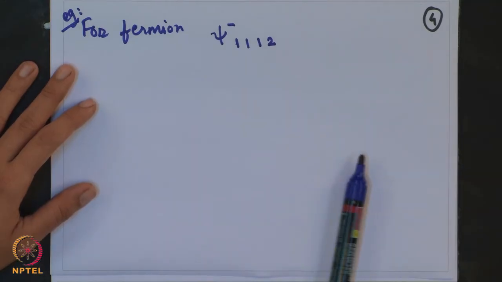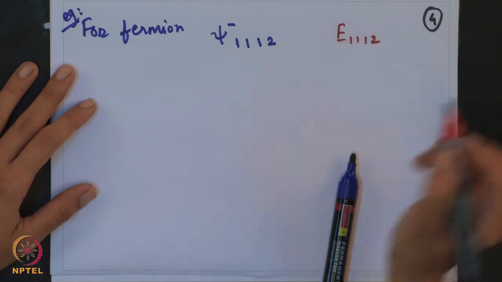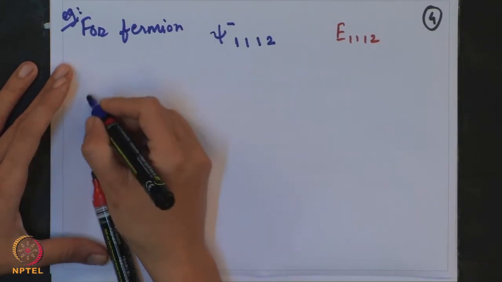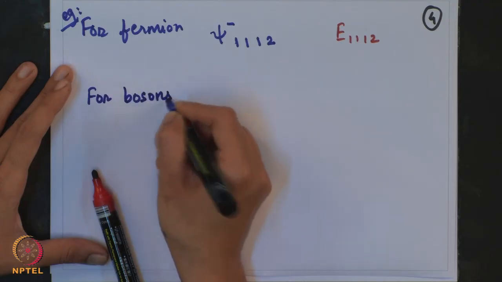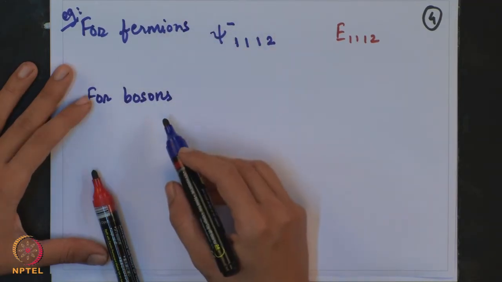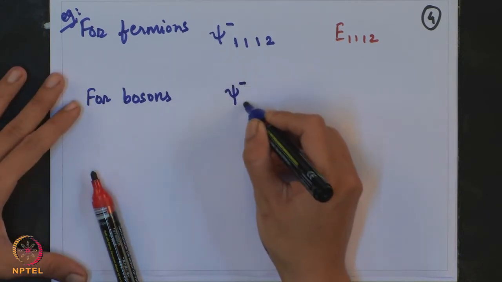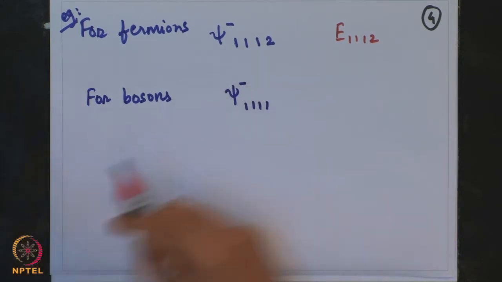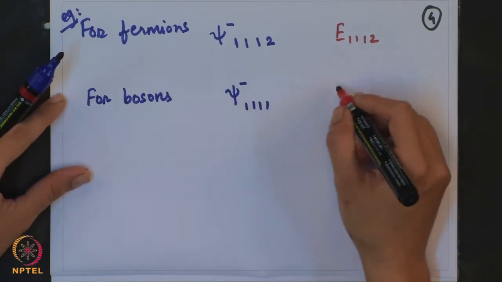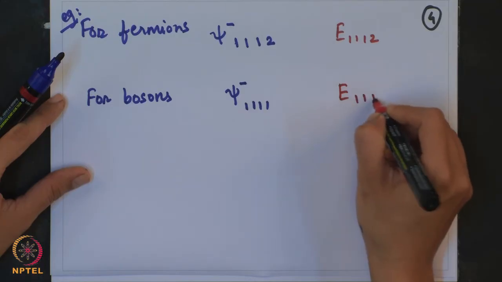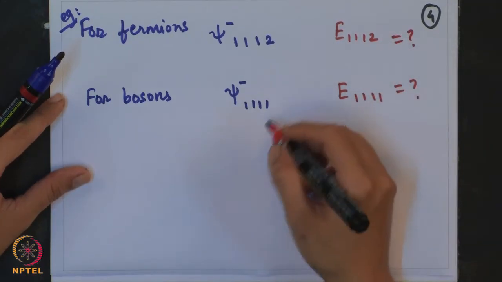So you calculate E 1 1 1 2, what do you get? And you can take one more example for bosons. If the composite system is of two bosons, then let me take the same quantum numbers. What will this be? So just try this.